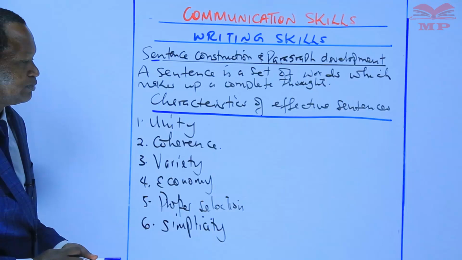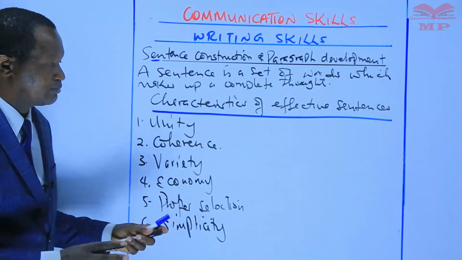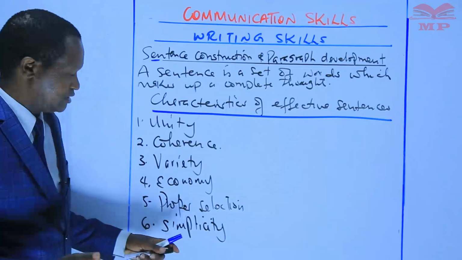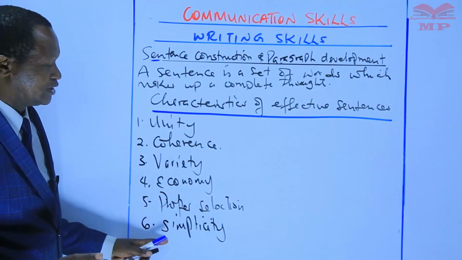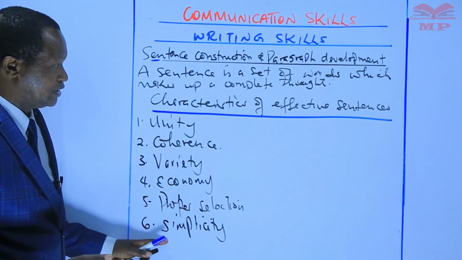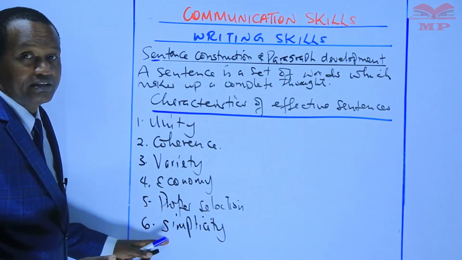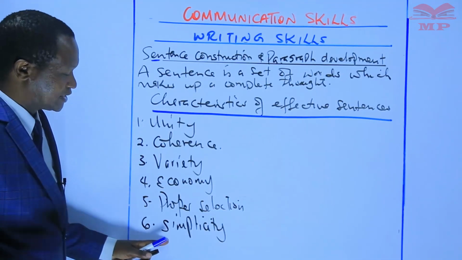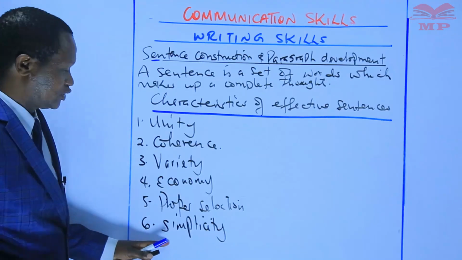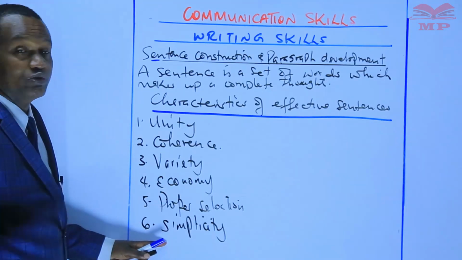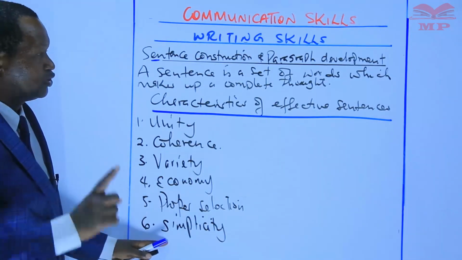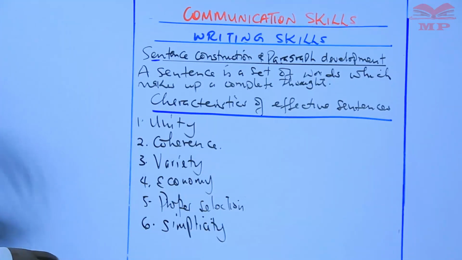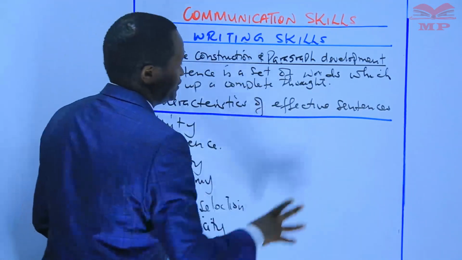So a sentence should be simple, because the purpose of constructing sentences is to communicate. It's important that when developing sentences, the words that are used should be words that are easily understood. There should be that element of simplicity when constructing sentences. So these are the characteristics of effective sentences.